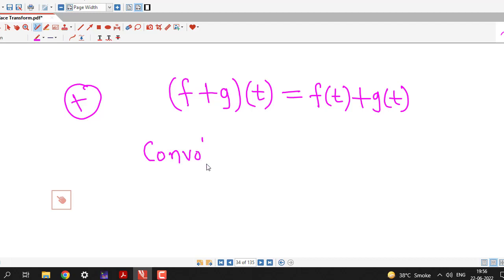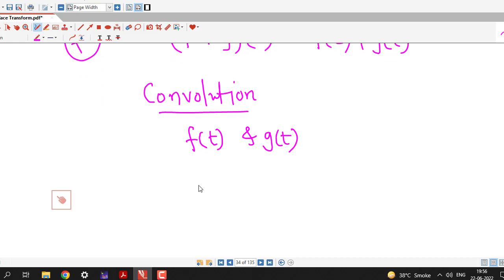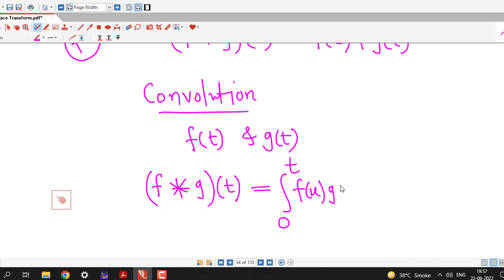Convolution is also an operation between two functions. Suppose I have two functions f and g, then the convolution of f and g is denoted by f star g, and if f and g are functions of t, convolution is also a function of t and is defined by the integral from 0 to t of f of u g of t minus u du.